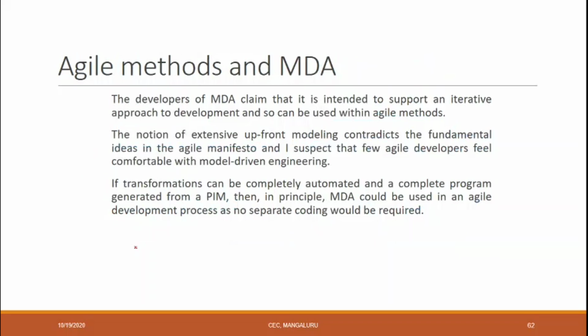So next is on Agile methods and MDA. The developers of MDA, that is model driven architecture, claim that it is intended to support an iterative approach to development and so can be used within Agile methods.